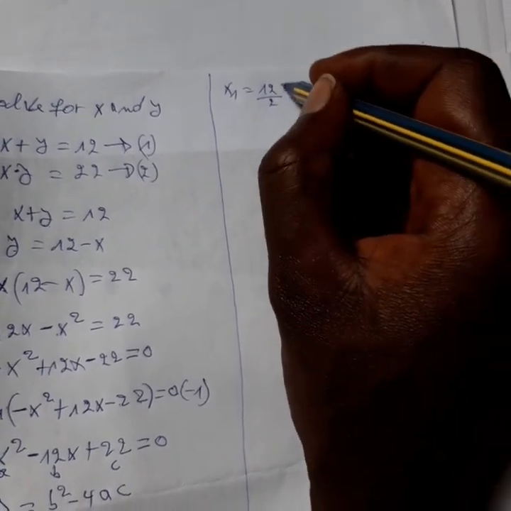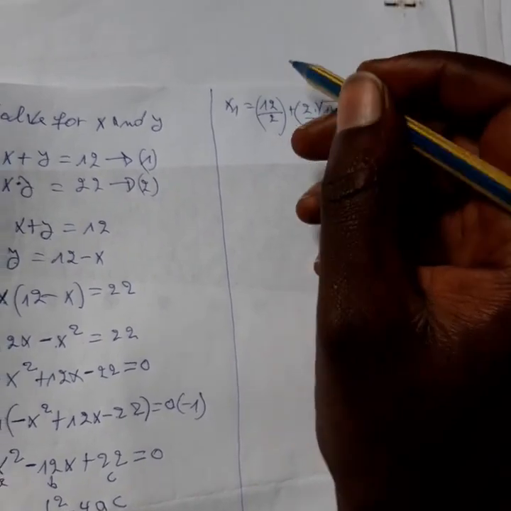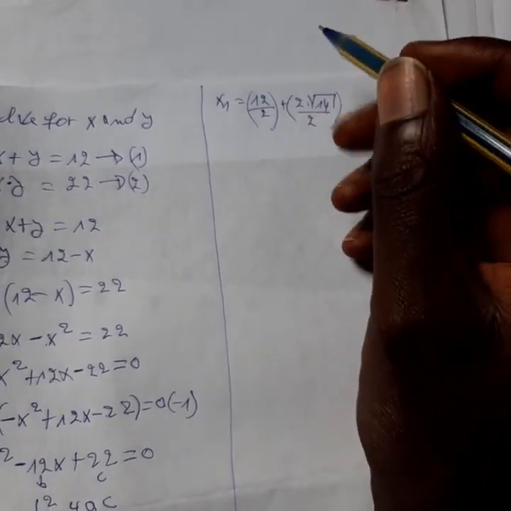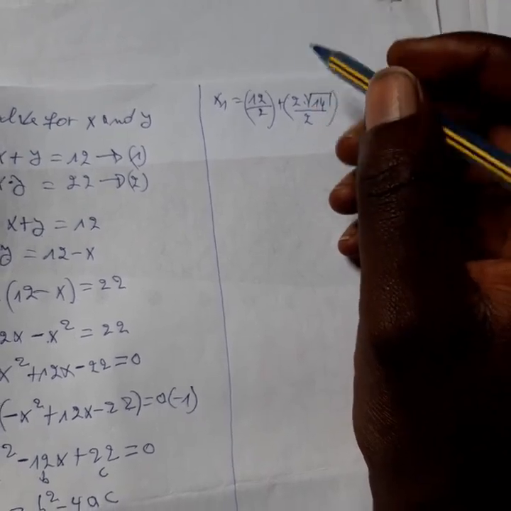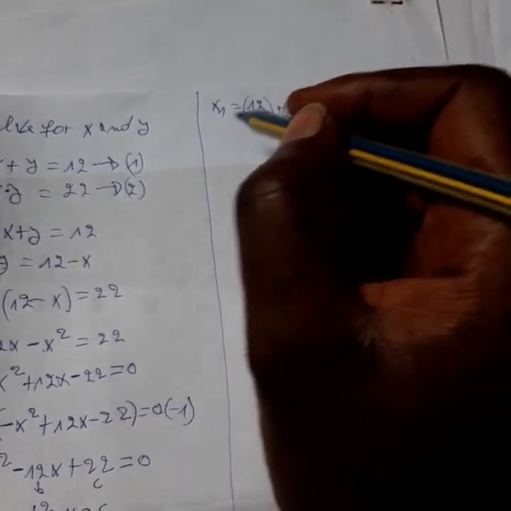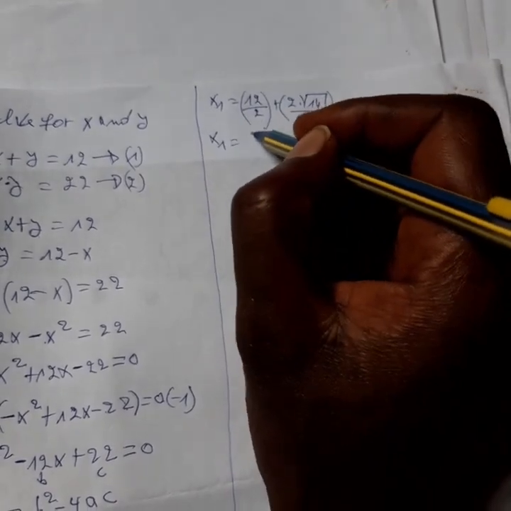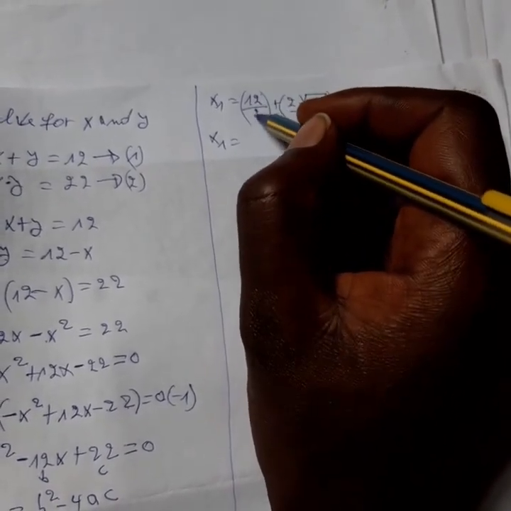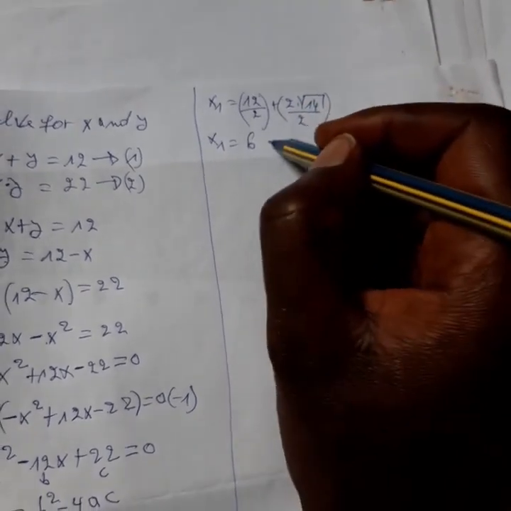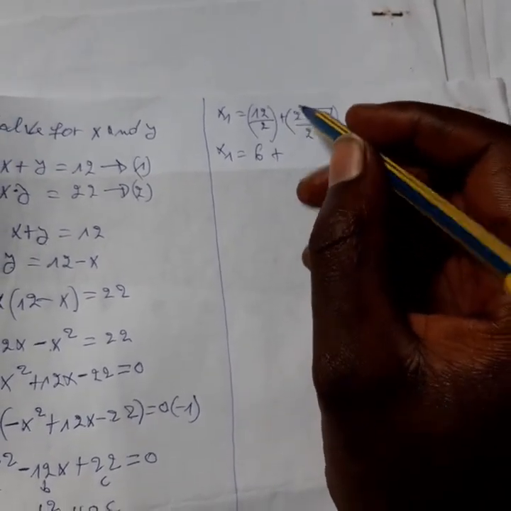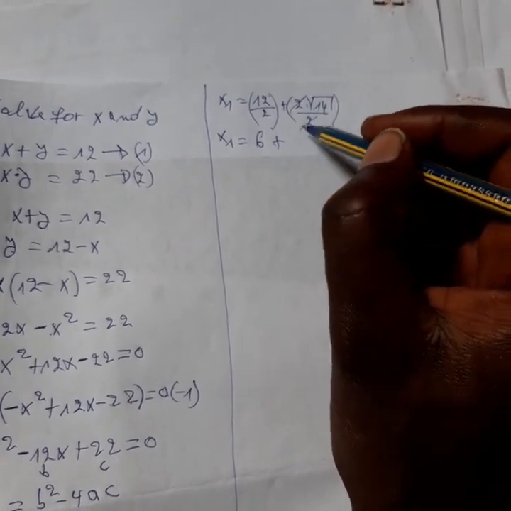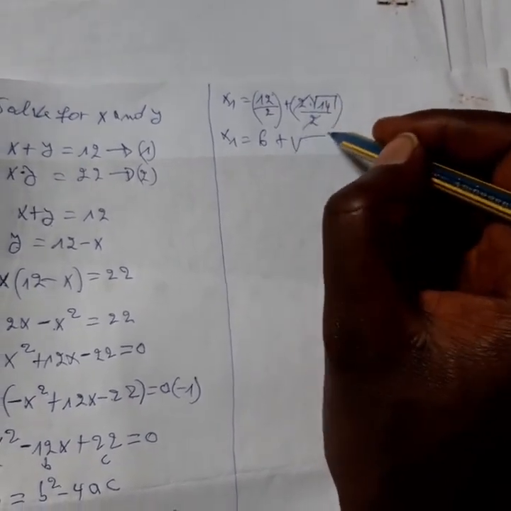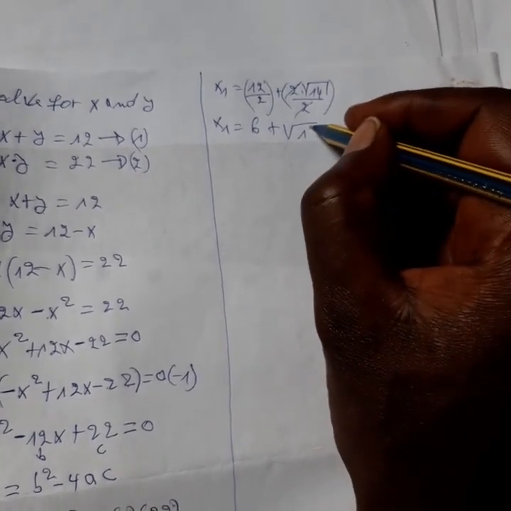We put brackets to make it easier to simplify. So x1 will be equal to 12 over 2, which is 6, plus, this 2 will cancel this one, the square root of 14.